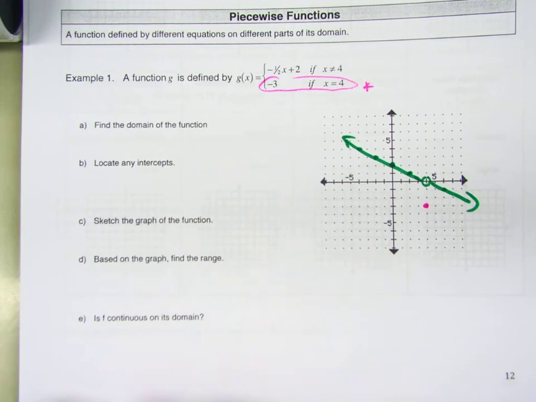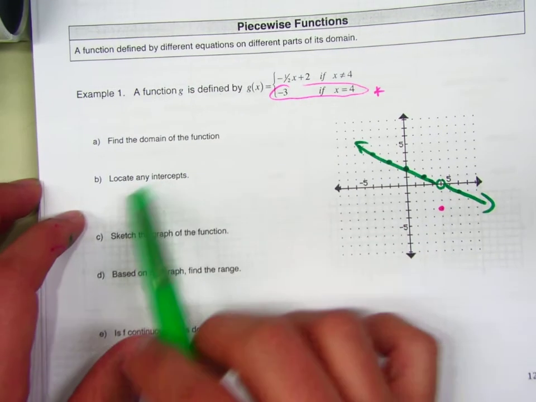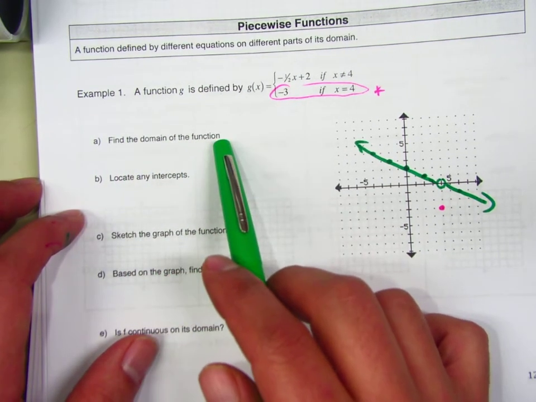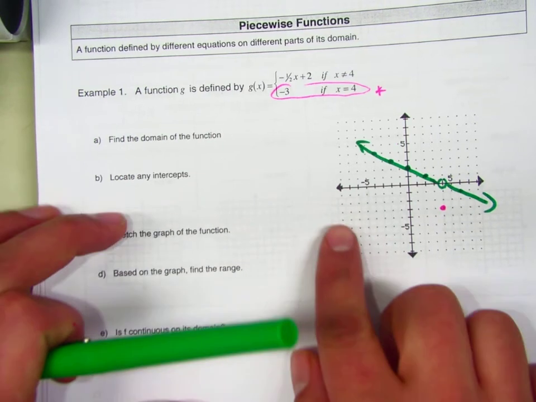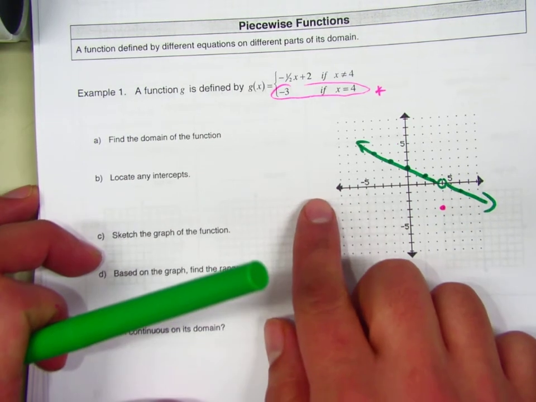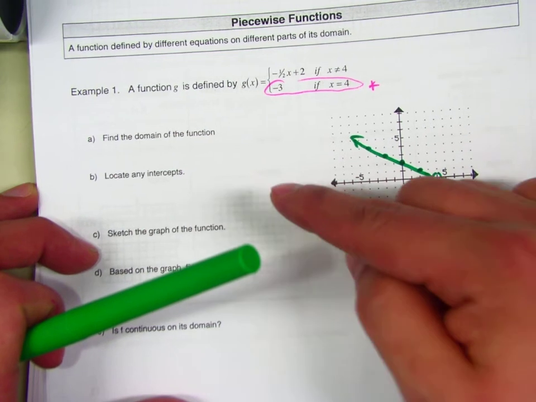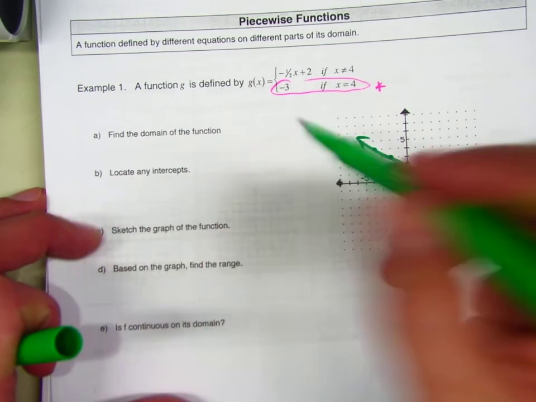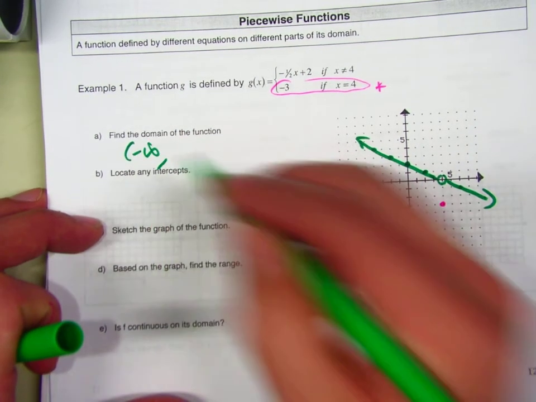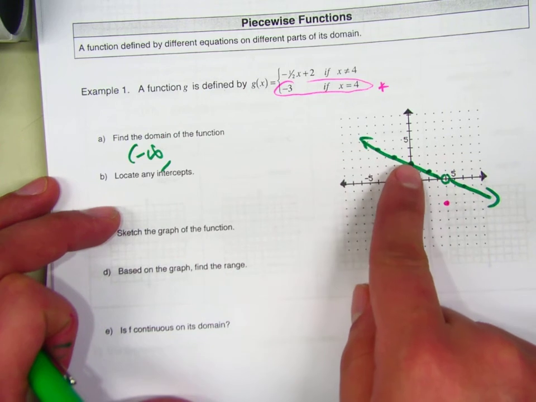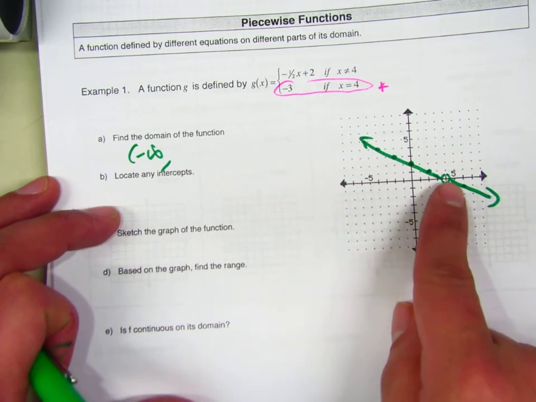All right, let's answer the questions now. Domain refers to all the x values, right? So as you look at this picture starting on the left, this picture does keep going to -infinity, right? So we're going to start there. And if we cruise along, are there any issues where there are no x values?